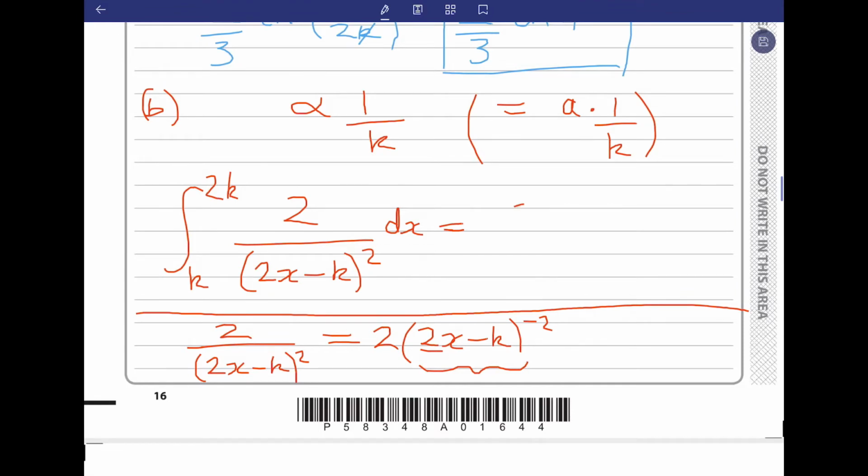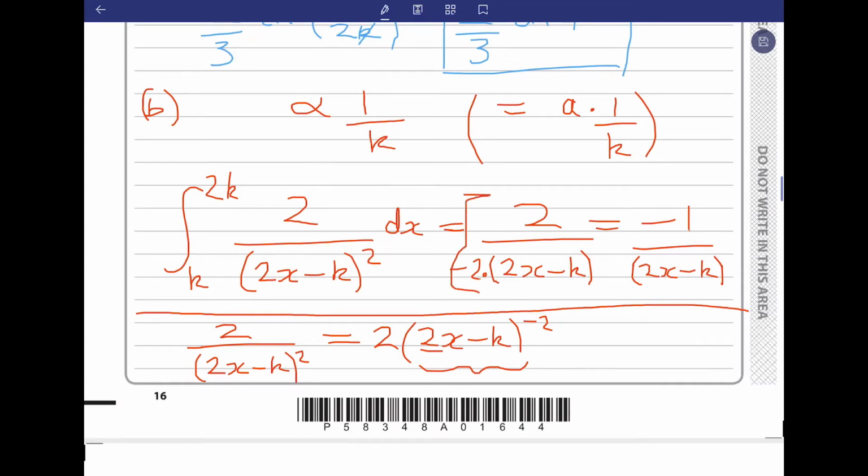So we've got 2 over 2, times (2x minus k) to the minus 1, which gives us minus 1 over (2x minus k). And don't forget, all this is still a definite integration. This is going to look really messy, so I apologise. But that's the idea.